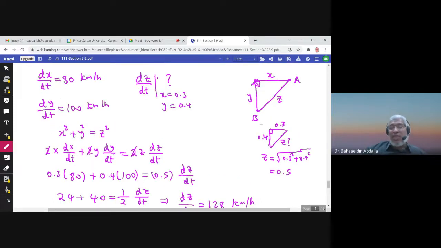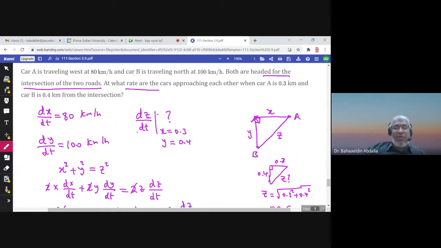But it's positive. I forgot that x here, when A approaches the intersection, is decreasing. So in fact, dx by dt is not 80. If you forget the minus sign, everything will be false.